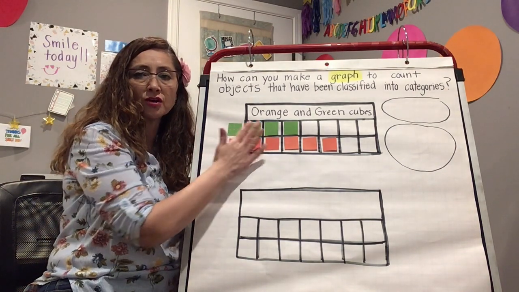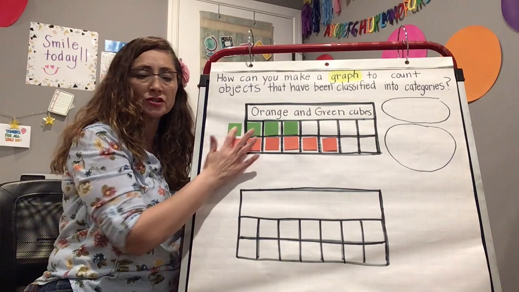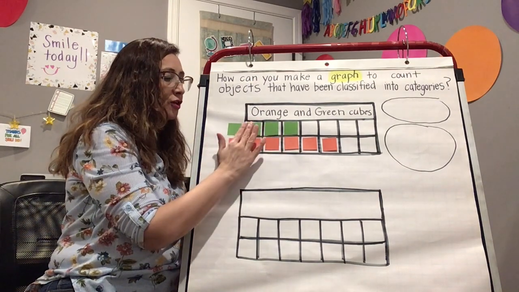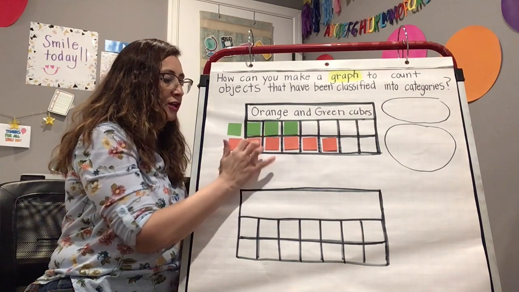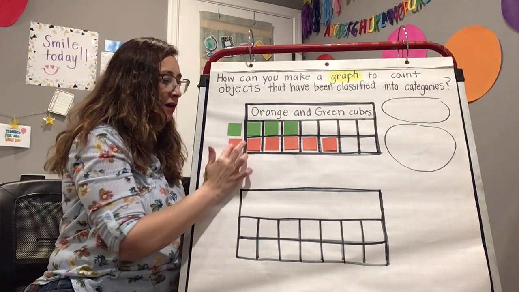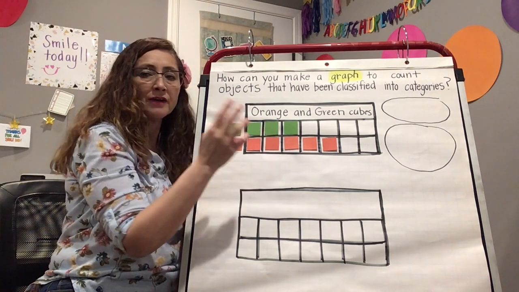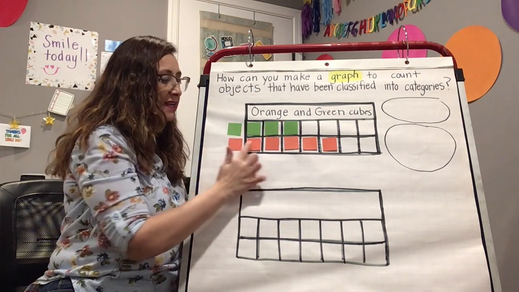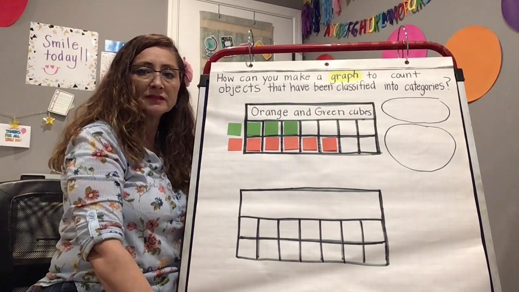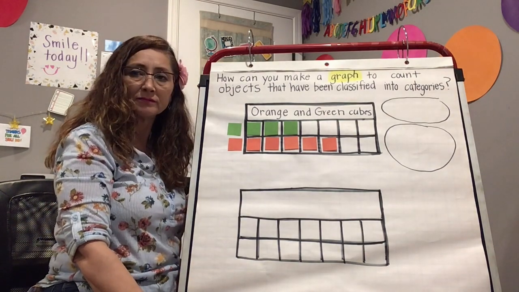Okay? And we do not count these because these are the categories. This is just to show us how many. It's a picture to show us where to put our cubes. So we put our green here and we put our orange here. So we know we have 3 greens. Now, can we tell how many orange we have? That's right. We can count them, right?